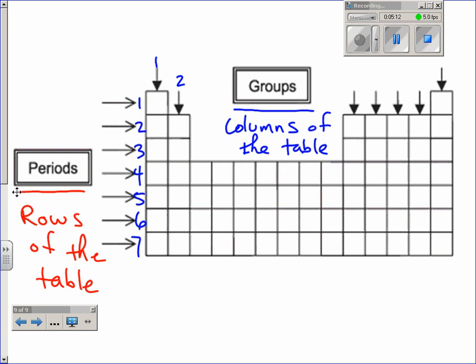Because all we really care about is that the group numbers can be seen at the top of each column. Now, we've already talked a little bit about what those groups have in common.